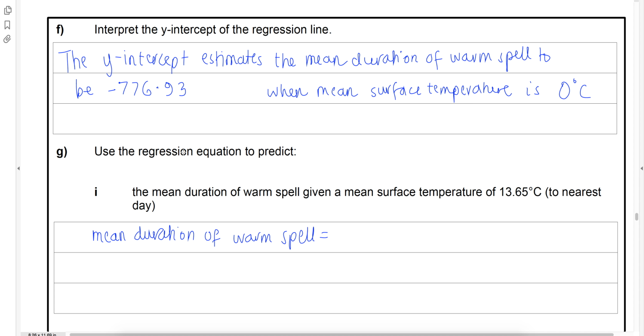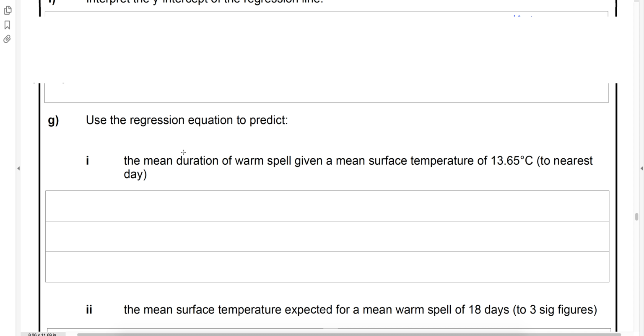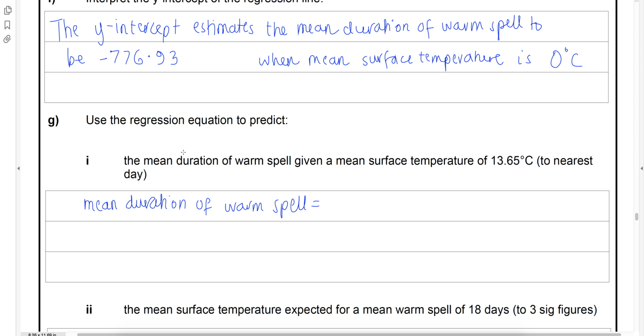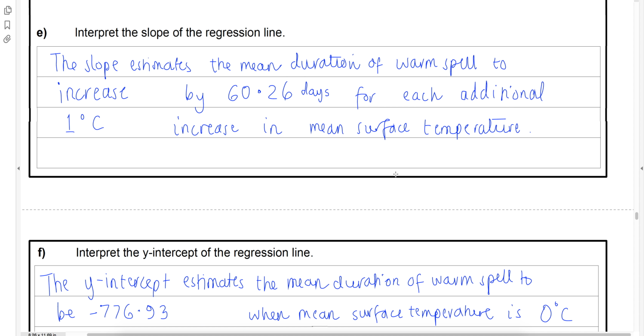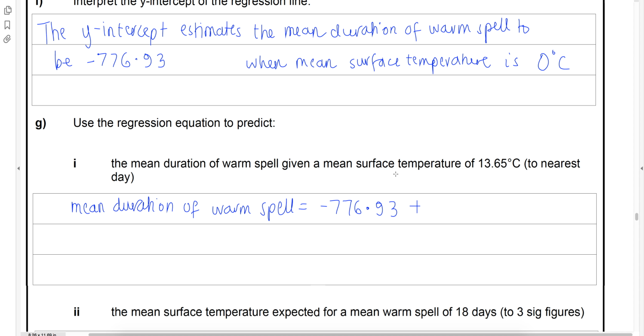Okay. Now we are going to do some predicting. All right, so we have been given here the temperature and we want to find the mean duration. So it was negative 776.93 plus, keep having to go back because I keep forgetting what these are, 60.26. And we're going to get this into the calculator. So 60.26, and that's multiplied by 13.65.